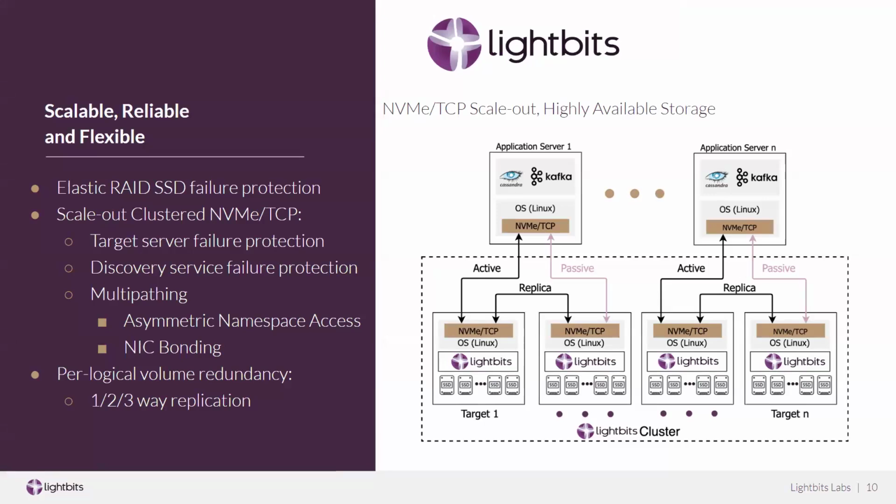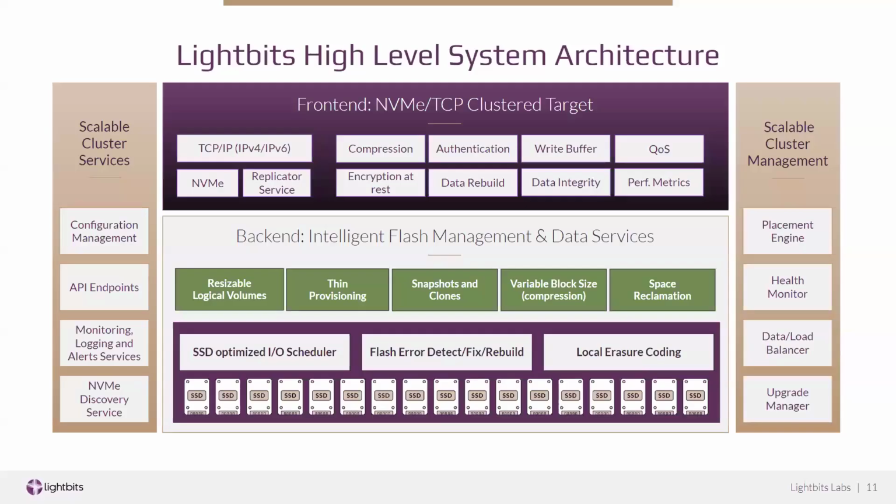So it doesn't need access to all the targets, only those that have copies of that. And if something happens into one of these targets, then all IOs just continue to flow into the other replicas of that volume. That's all part of NVMe over TCP.